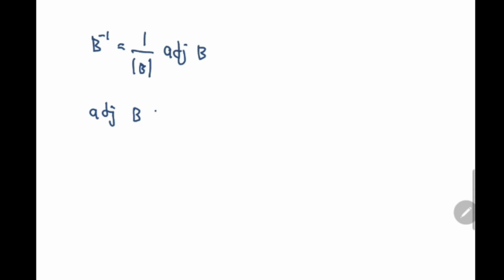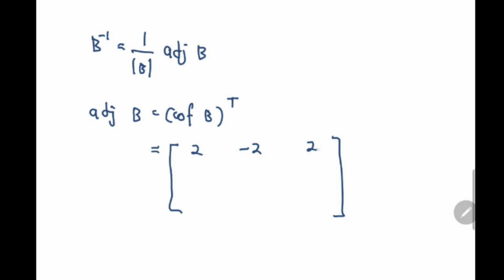Adjoint B is the cofactor of B that has been transposed. So we find the adjoint B first. The transpose of the cofactor B, you will get 2, negative 2, 2, negative 4, 4, negative 2, and 4, negative 5, 2.